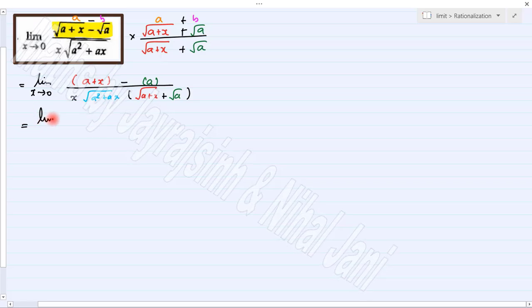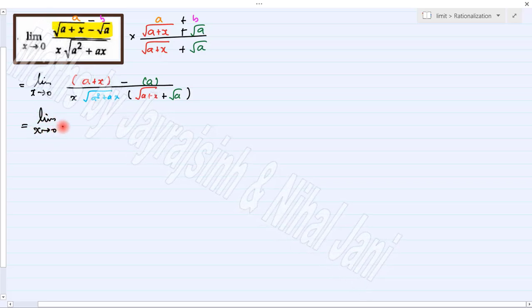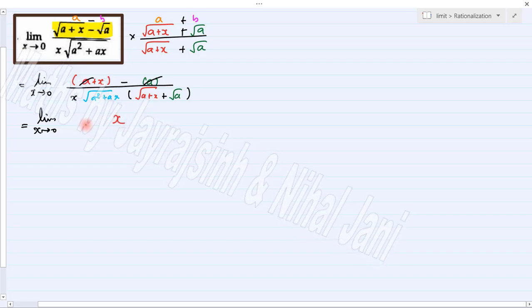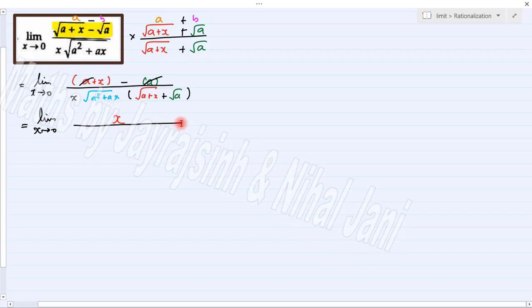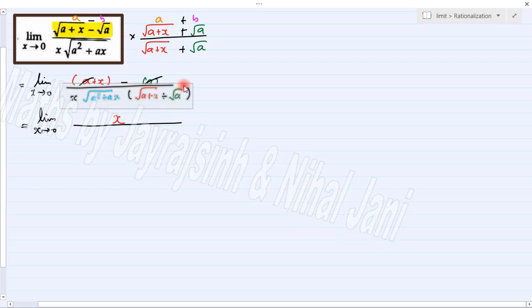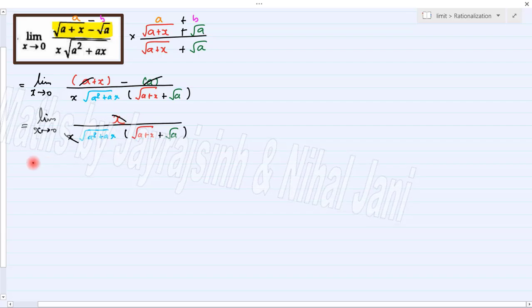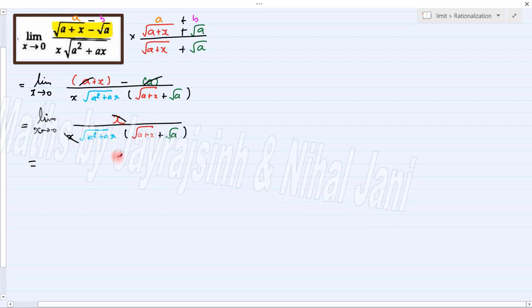In numerator your a will cancel out and we will get x, upon your whole denominator, which will remain as it is. So this x will cancel out and we are ready to substitute our limit.